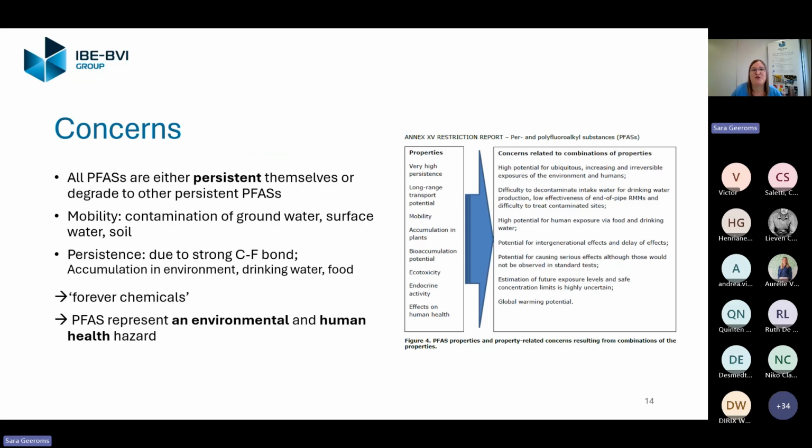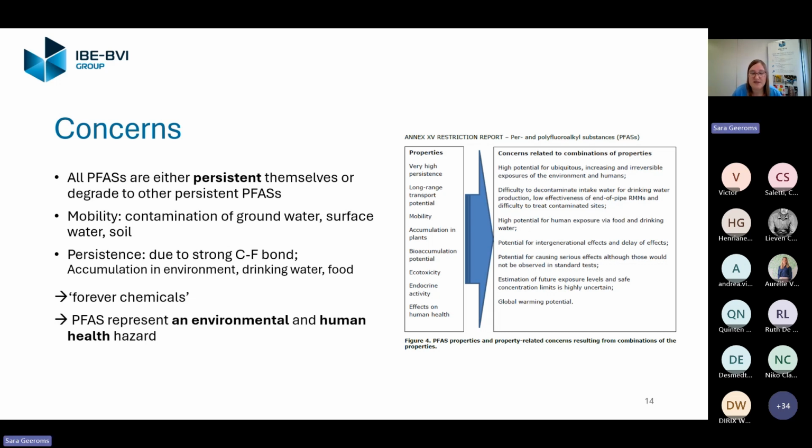Now, a bit about the concerns of PFAS. PFAS are grouped as substances that have a persistent character themselves or can degrade into persistent PFAS. They all have a form of mobility, so they can cause contamination of groundwater, surface water, and soil.